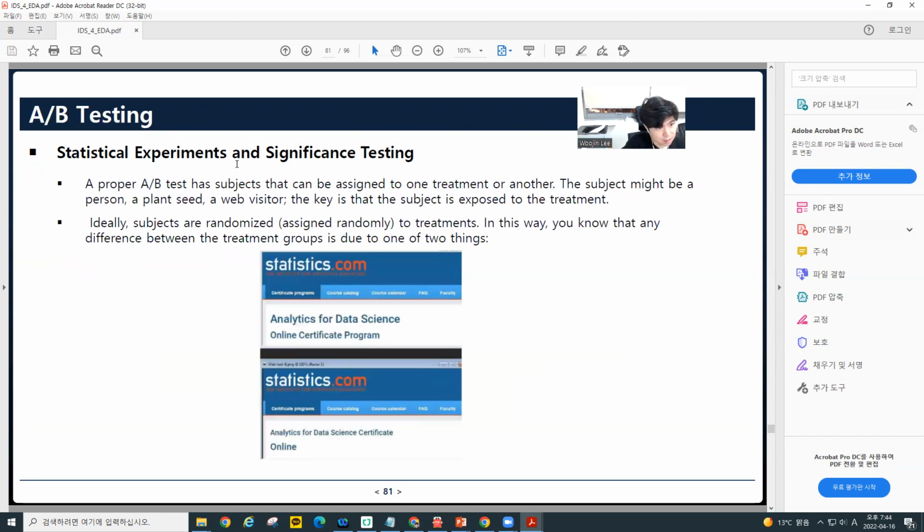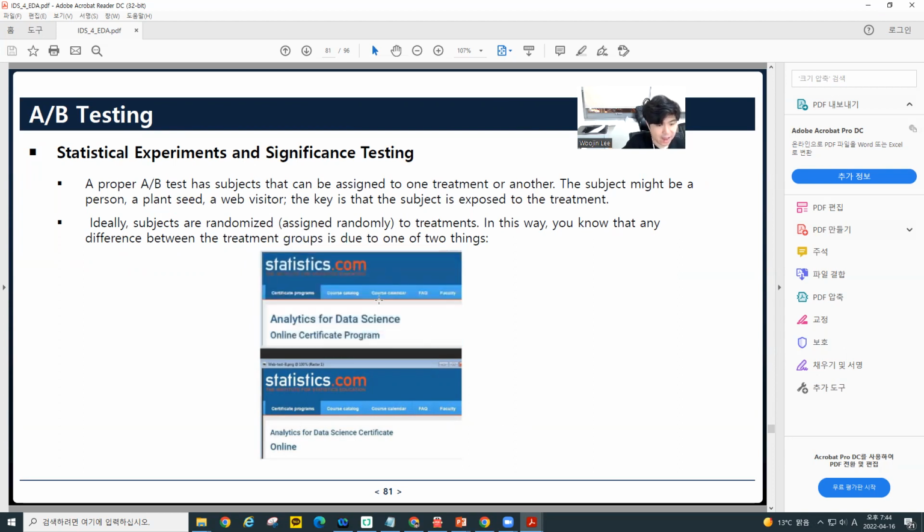I'm going to provide a very well-known experiment about A-B testing. Say we have two different websites, and we want to find which one is better than the other.